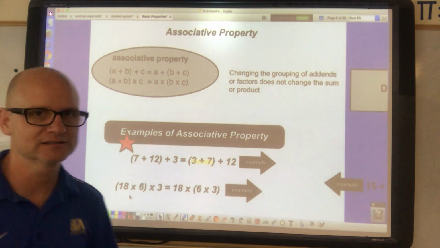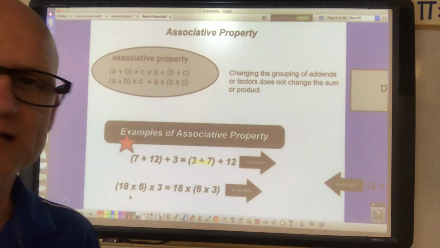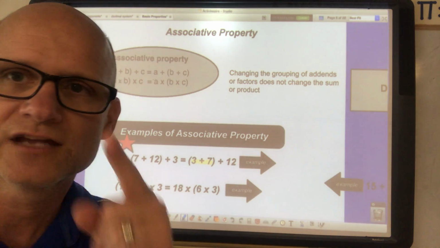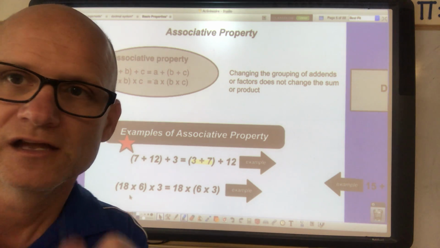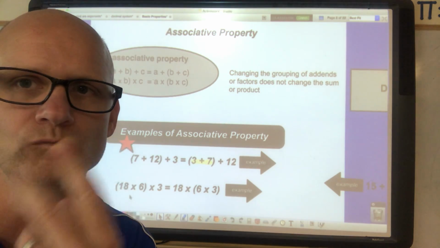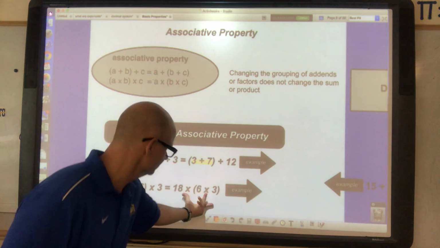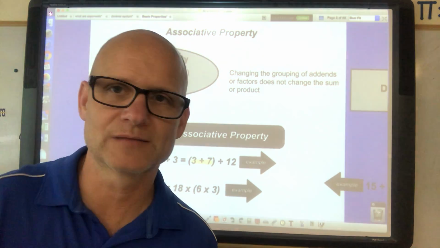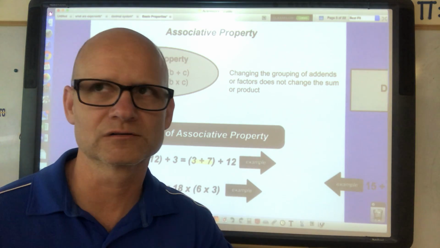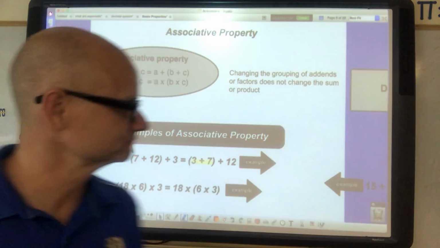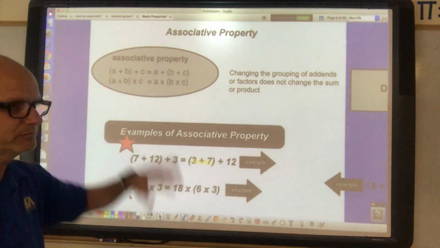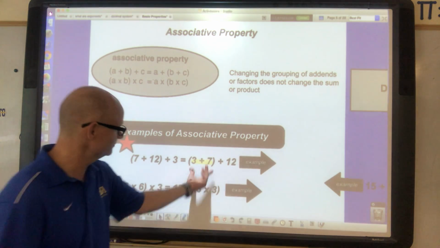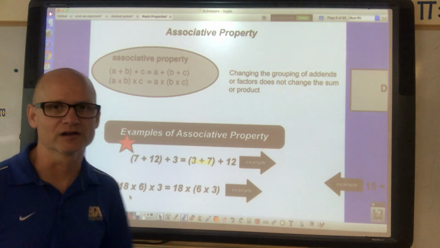If I said, hey, multiply 18 times 6, then times 3, most of you would do 6 times 3 first. Why? Because you already know 6 times 3, so you only have to do 1 multiplication problem, whereas here you'd probably do 2. So the associative property says changing what's been grouped does not change the outcome.